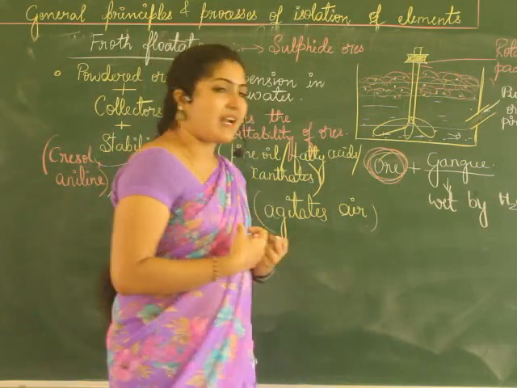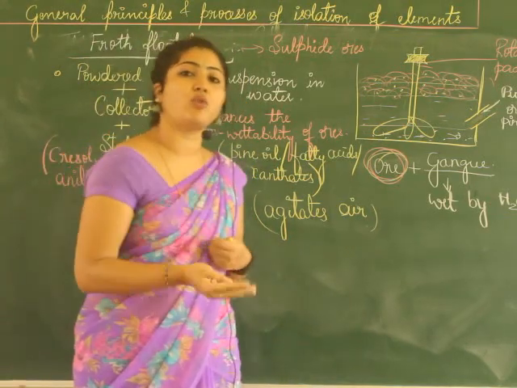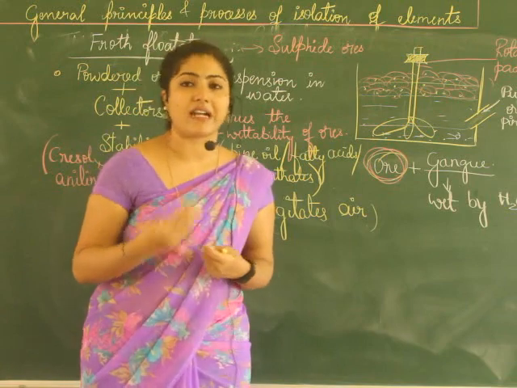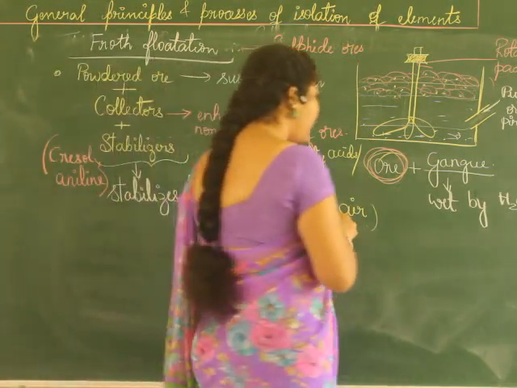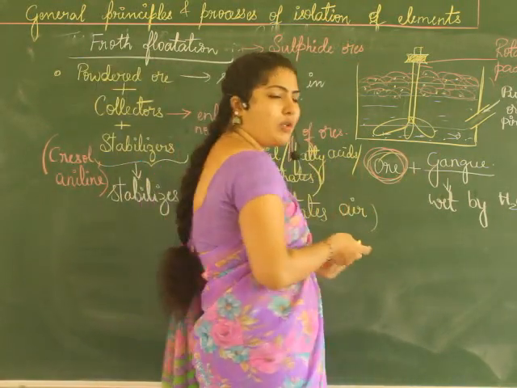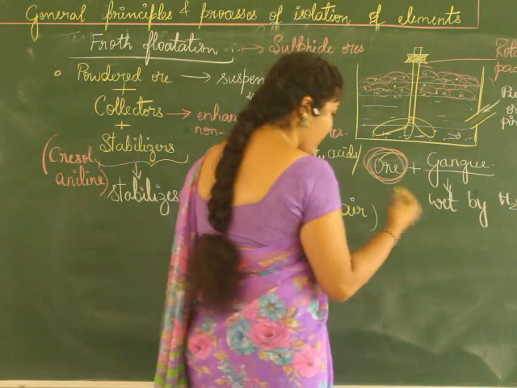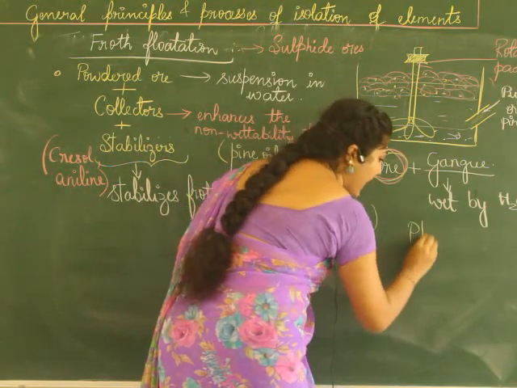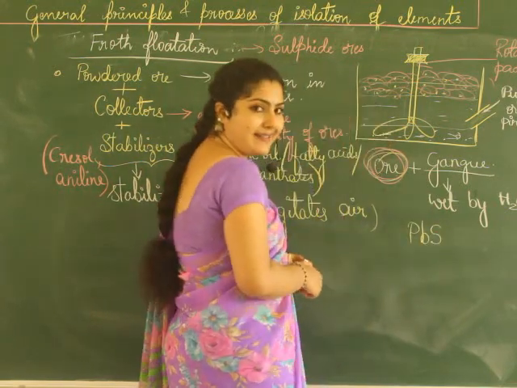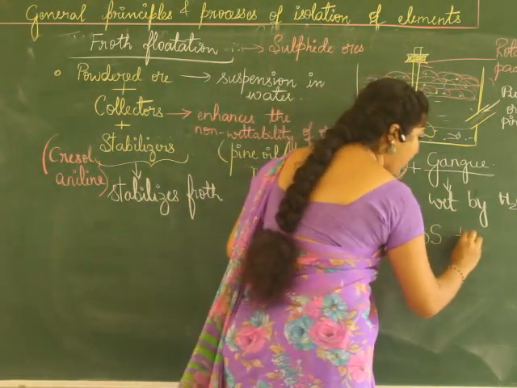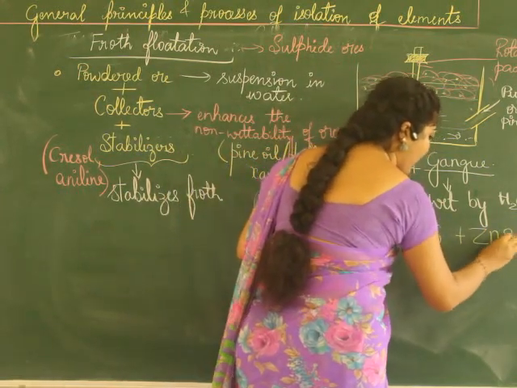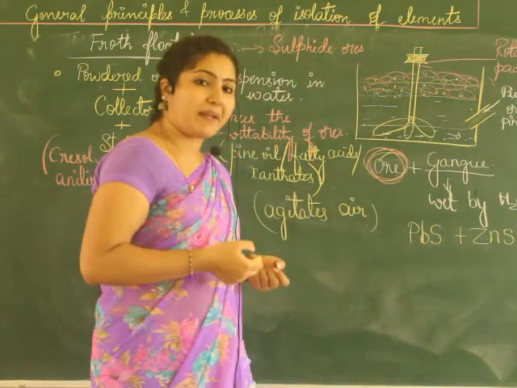Now what if it contains a mixture of 2 or more sulfide ores? Say for example, you have taken an ore, and in that you see that there is a mixture of lead sulfide. Pb stands for lead. You have lead sulfide as well as zinc sulfide. Now in this case, how do you separate it?